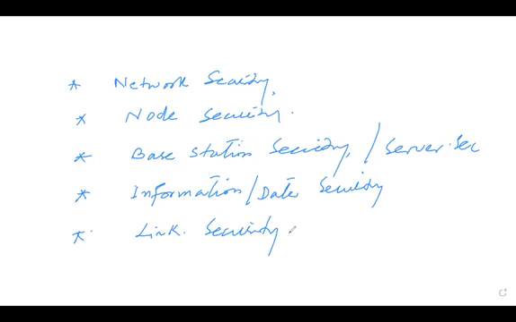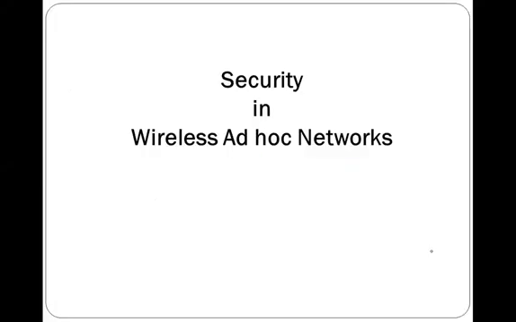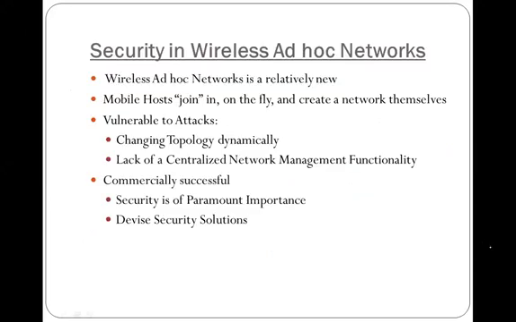So these are different categories that we consider for security of our information, for security of our network, and for security of our node and link.